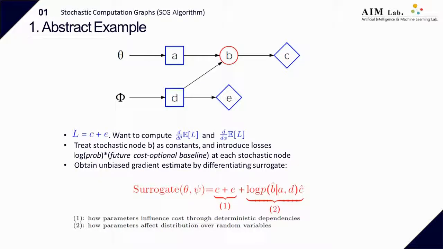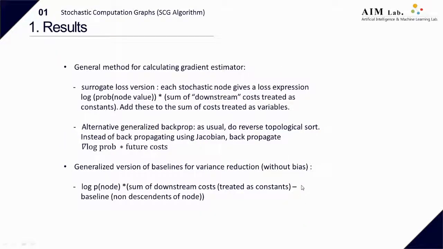Each stochastic node gives a loss expression: log probability of the node value times the sum of downstream costs. It comes from how the parameter affects the distributions. The sum of costs is treated as a constant.